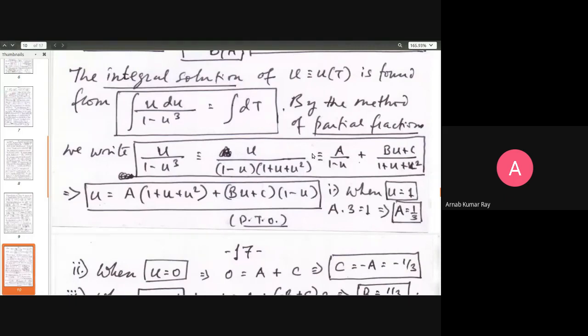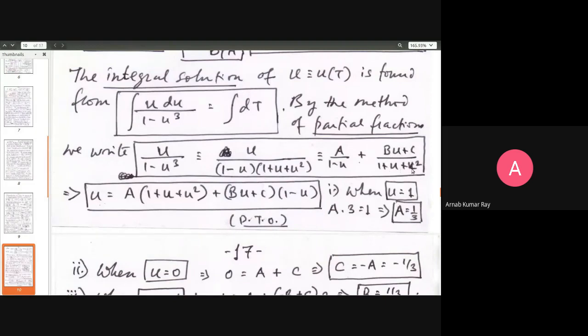You're a doctor and you don't want to trouble your patient too much by getting into a complicated treatment procedure or hospitalization. Here, you factorize this thing: 1 minus u into 1 plus u squared. Partial fractions: u divided by 1 minus u, the first part, and then the quadratic part, so you write the numerator as a first order function, bu plus c, over 1 plus u squared.